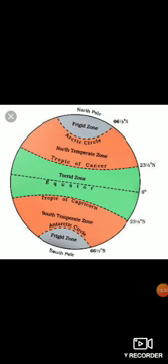And the final zone that we're going to study today is the torrid zone. Now the torrid zone lies between the equator and the Tropic of Cancer in the northern hemisphere, and in the southern hemisphere it is between the equator and the Tropic of Capricorn.